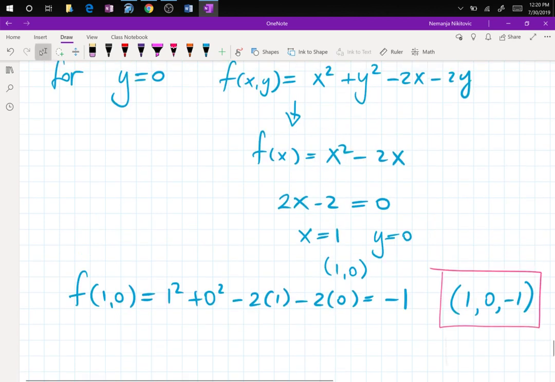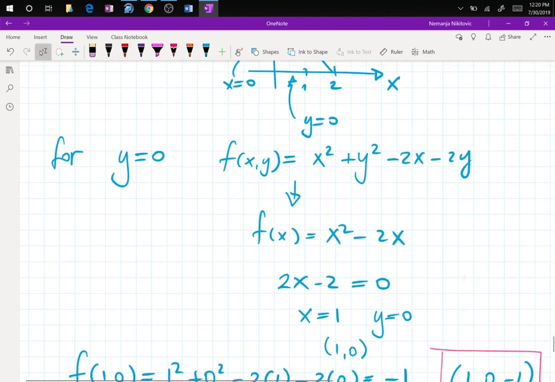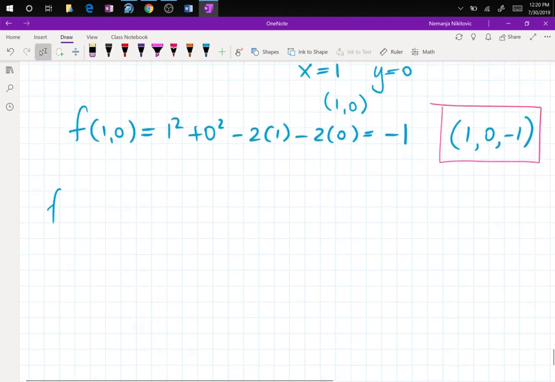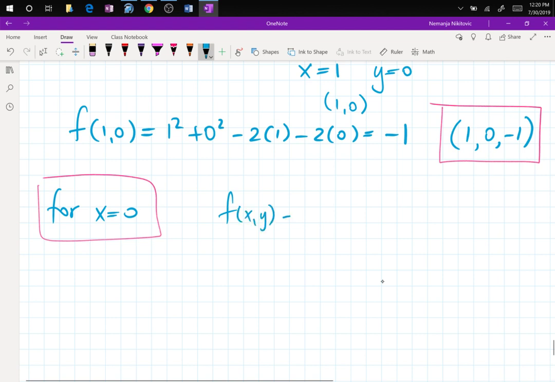So now I am done with y equals 0. Next one we can do x equals 0. So for x equals 0, that's the next calculation, we repeat everything the same. I have my f of x y, which is x squared plus y squared minus 2x minus 2y.